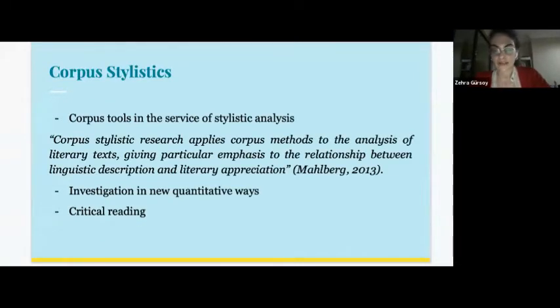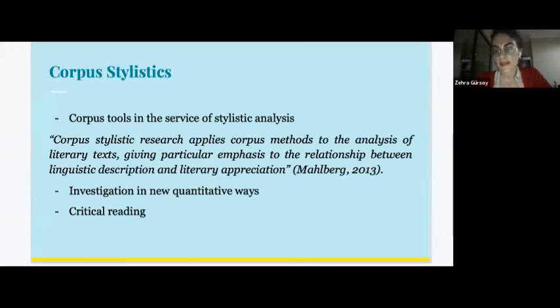Corpus stylistics, on the other hand, to describe very briefly, has found its way into popular usage to describe the kind of work that uses corpus tools in service of statistical analysis. In other words, corpus stylistics research applies corpus methods to the analysis of literary texts, giving particular emphasis to the relationship between linguistic description and literary appreciation.